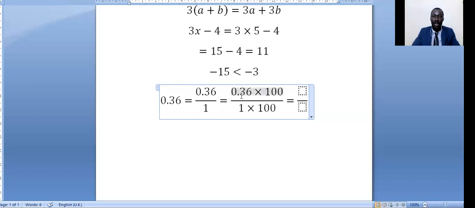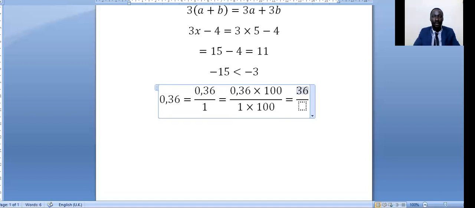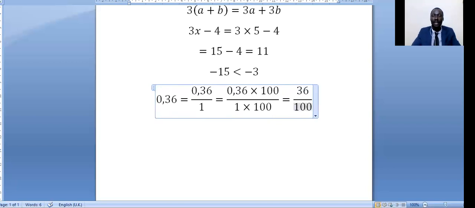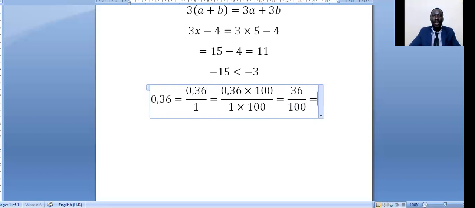This is 0.36. Just change this. So from 0.36 times 100 to 36. Then this other one remains the way it is. Now notice that when we divide 36 by 100, this one can be reduced.